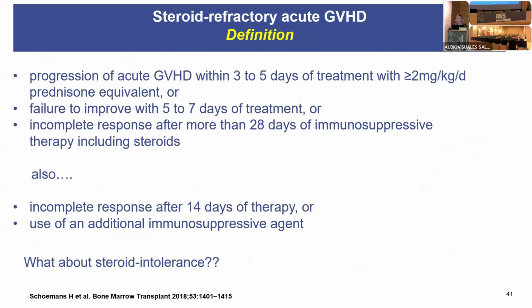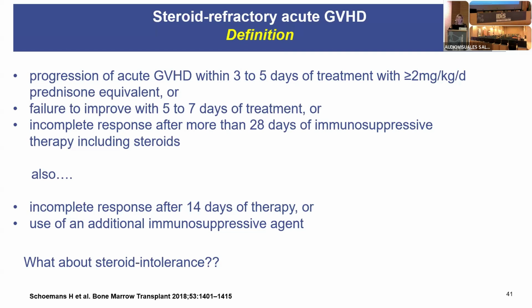Steroid refractory acute GvHD, well, we have good definitions thanks to the NIH, EBMT and CIBMTR task force that was led by Helene Schoemans. And I always recommend this paper because it nicely summarizes all definitions and makes them more clear. So we know what steroid refractory acute GvHD is.